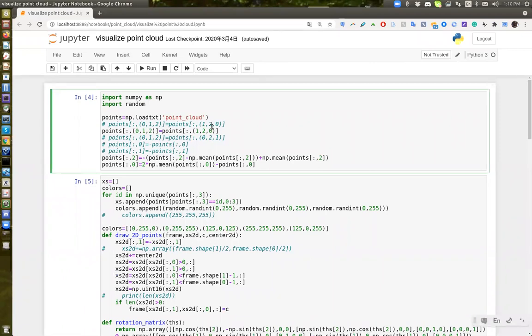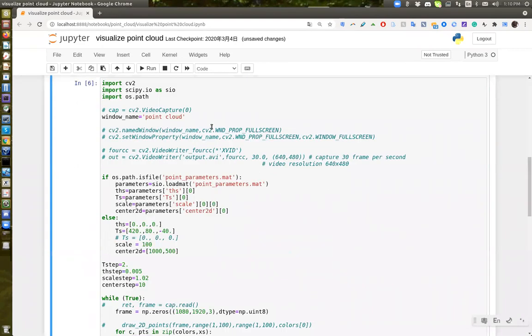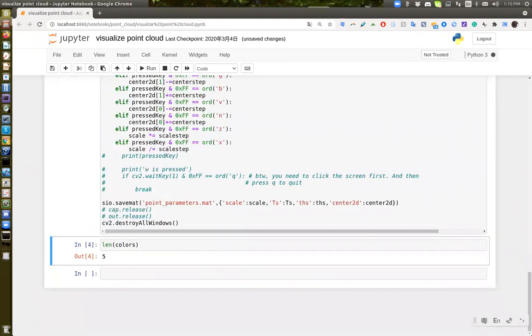Hopefully it won't suddenly crash. This is a fast computer, a Gigabyte computer with GPUs, but unfortunately this brand is very easy to overheat.